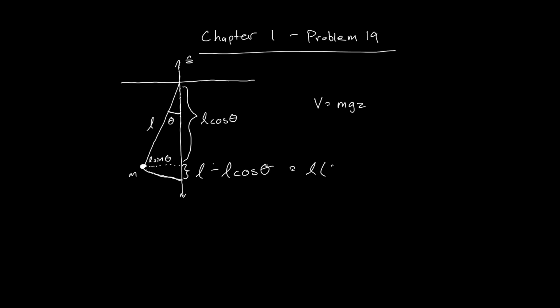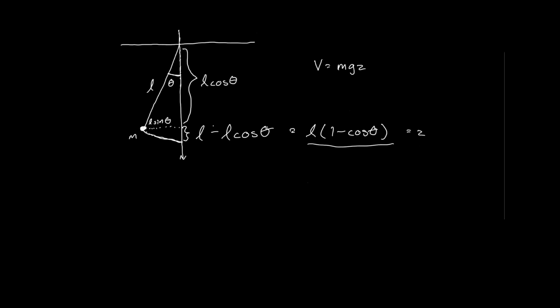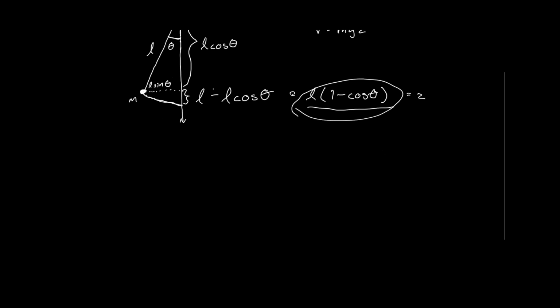This is also written as L(1 minus cosine theta), and this is going to be what's really important for what z is. That is our z, because this is our potential, so it's going from the bottom up. Let's just circle that.